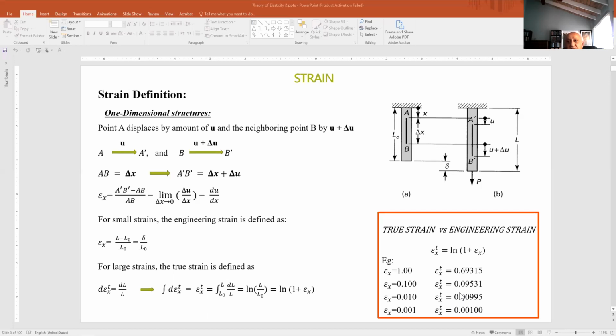That cannot be fed into the finite element formulations if you are working beyond the elastic limit, if you are working in plasticity limit. So if you are working with plasticity and nonlinear systems in general, you have to use the true strain, and the relationship between the true strain and the engineering strain are given here.